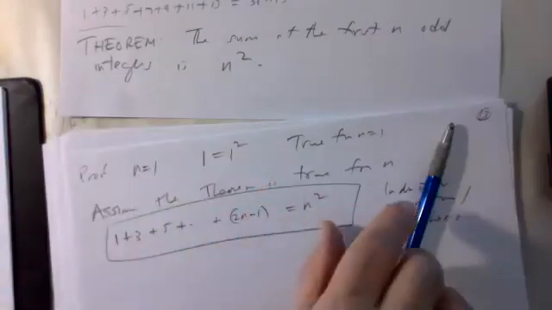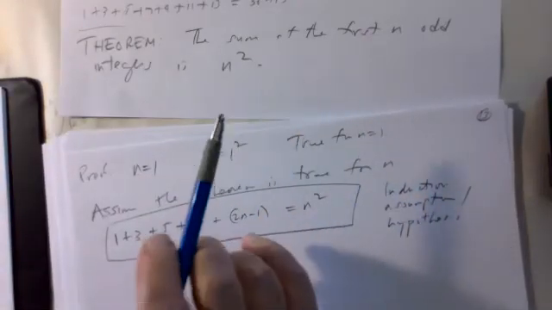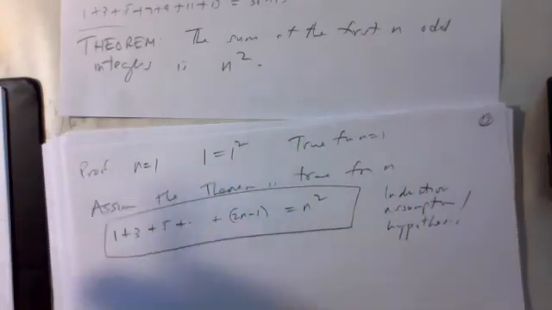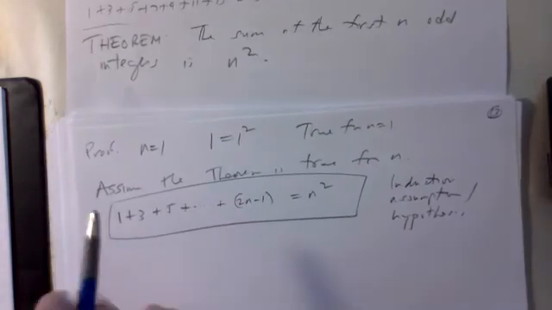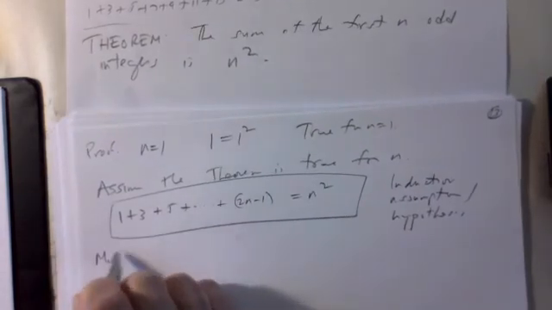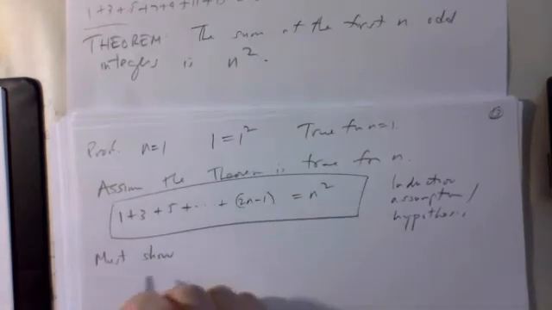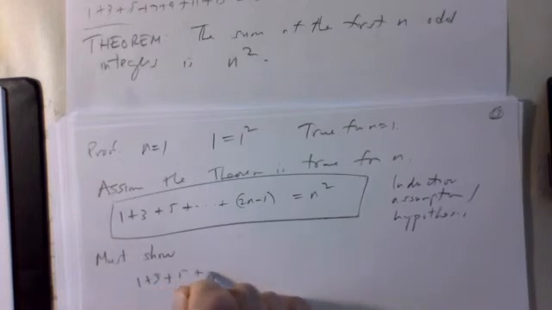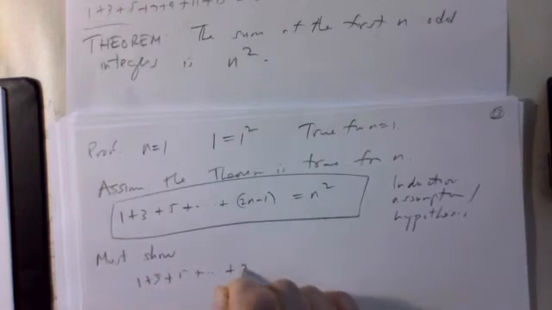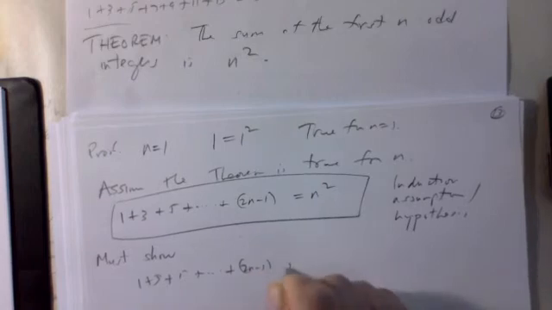Okay. What do we have to show? That this is true for n plus 1. That 1 plus 3 plus 5, here, this is the nth odd integer. And then I add the n plus first odd integer.